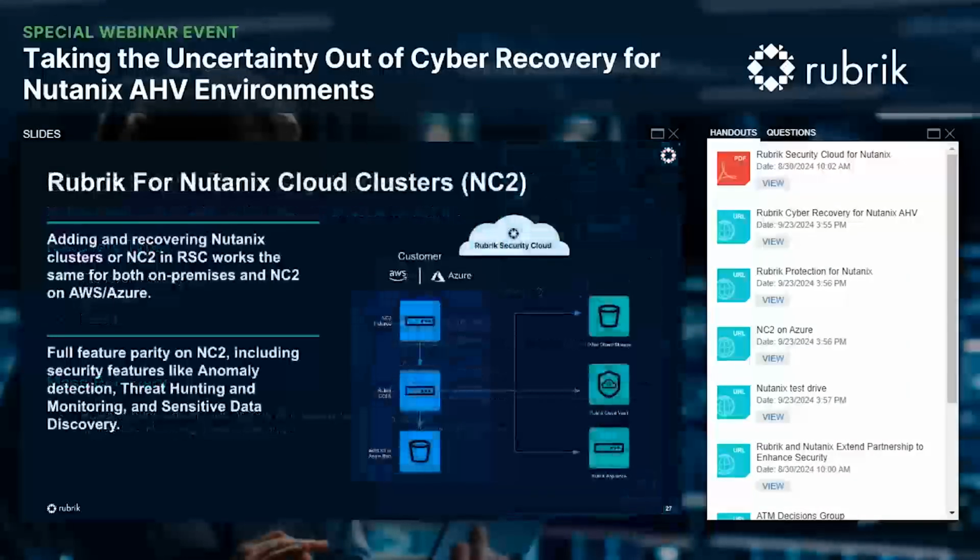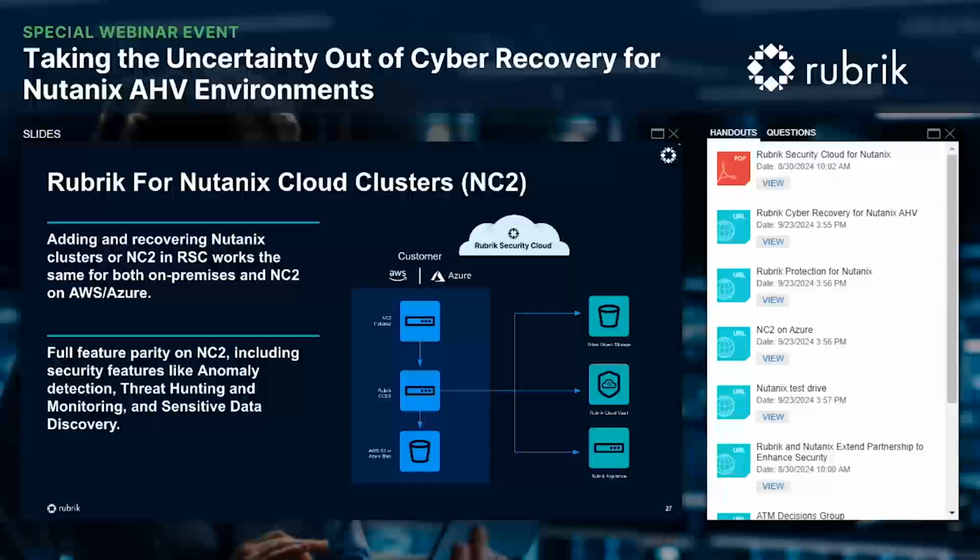With Rubrik Security Cloud, managing Nutanix clusters, whether they're on-premises or in the cloud with Nutanix cloud clusters running on AWS or Azure, is seamless. The process for adding and recovering these clusters is the same, allowing you to handle data protection and recovery consistently, regardless of the location.